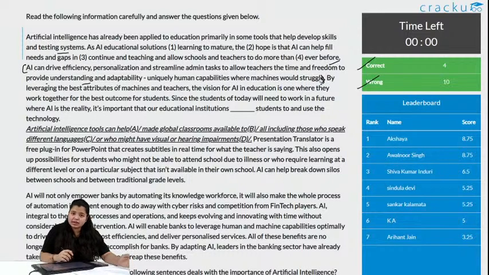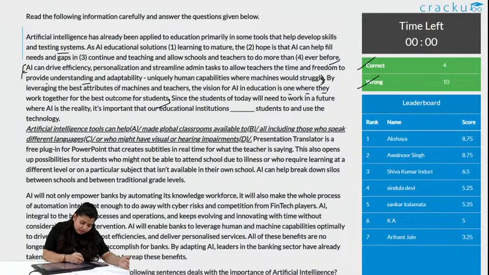So, this seems an advantage and we are talking about application and advantages. So, I am just marking this. By leveraging the best attributes of machines and teachers, the vision for AI in education is one where they work together for the best outcome of students.